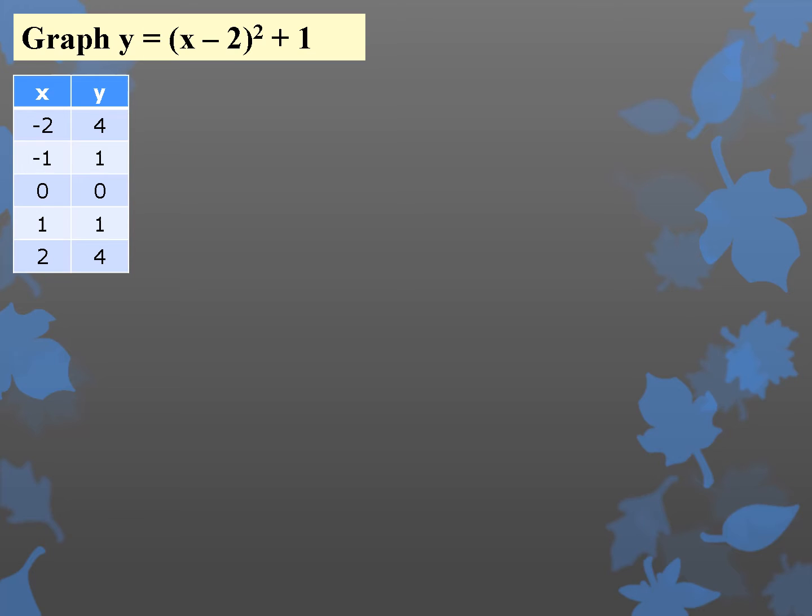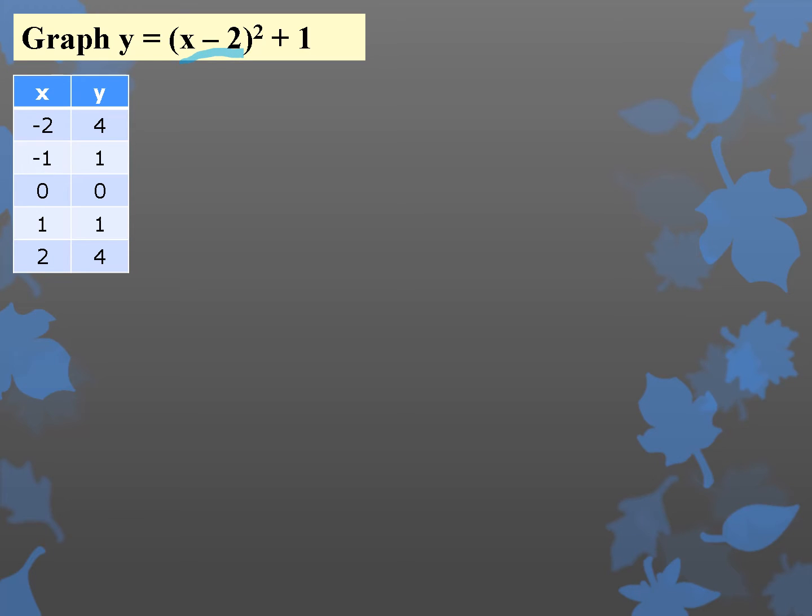Now, how am I going to go from old x's to new x's? Well, remember, b and h affect the x's. They're inside the part of the function that's being squared. My b value is 1, so no effect on the graph. But I do have x minus 2.